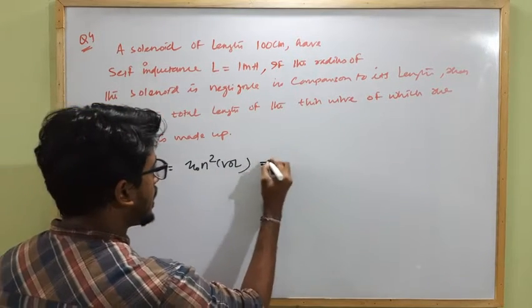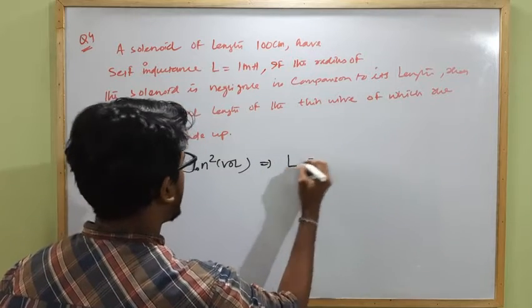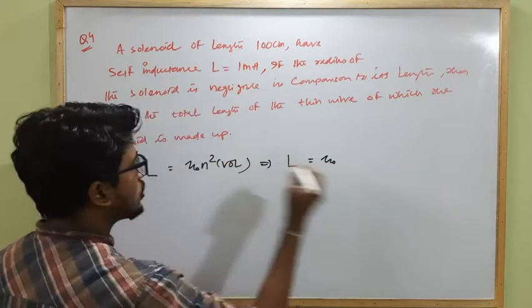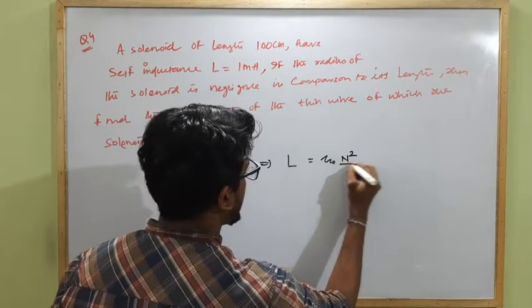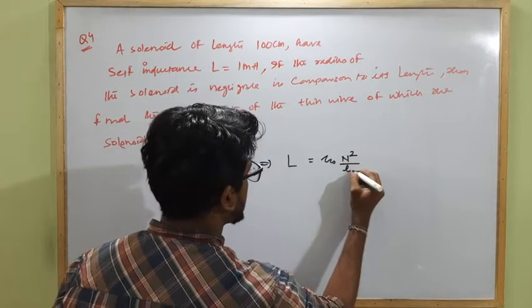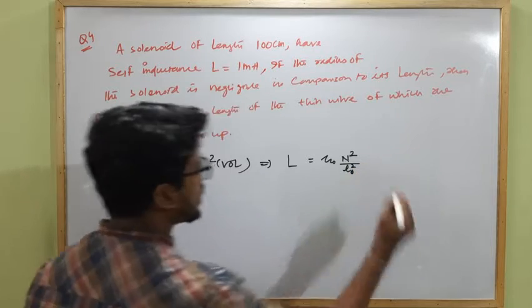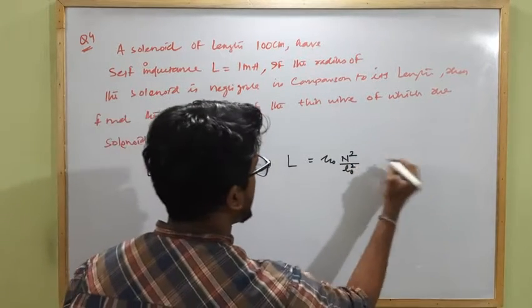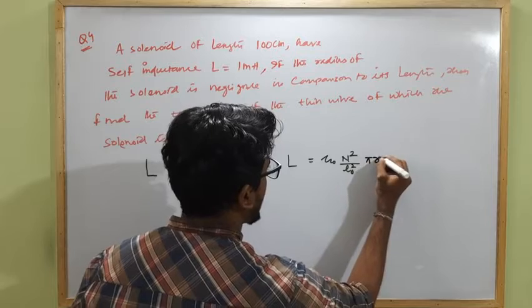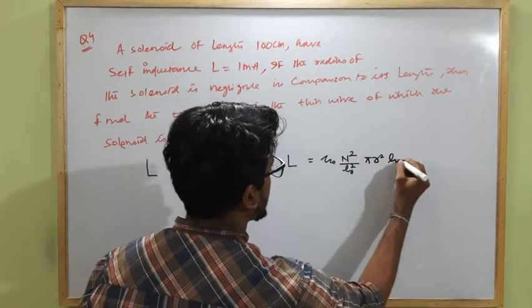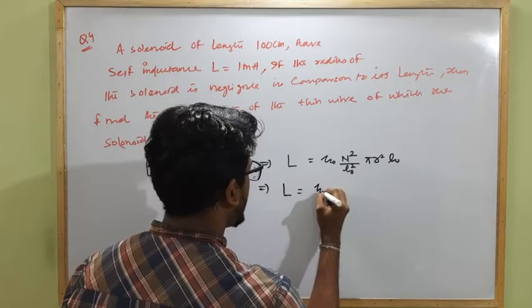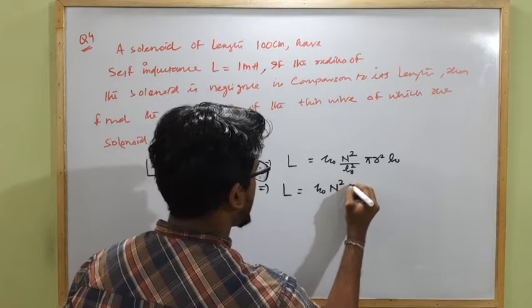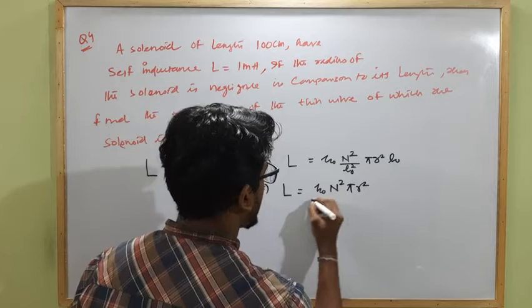The self inductance of a solenoid L equal to mu naught n square, where n can be written as total number of turns divided by length of the solenoid, that is N over L naught, squared. Clear? Into volume, that will be area, pi r square, into length L naught.